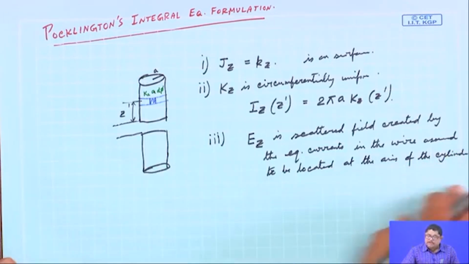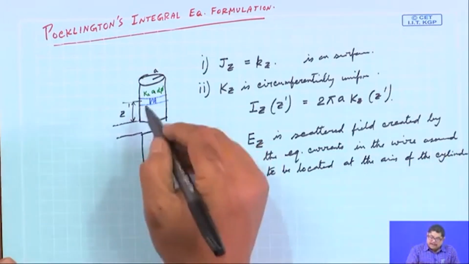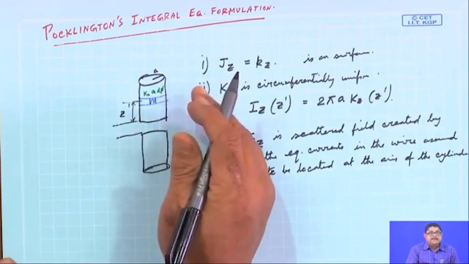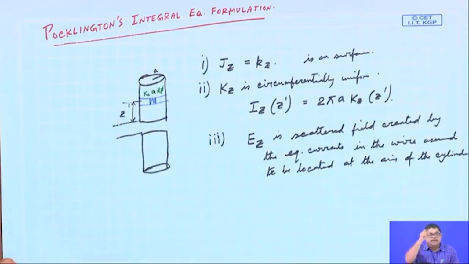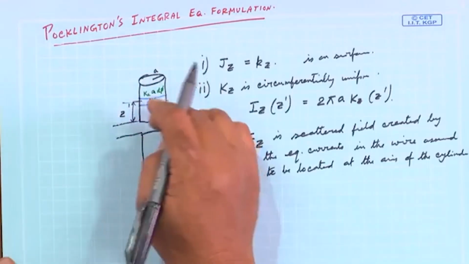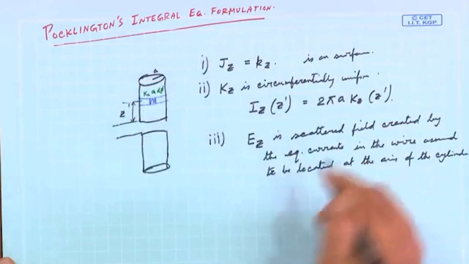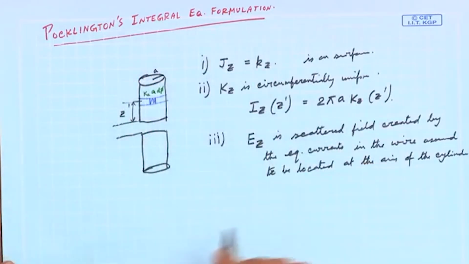So, remember, we are not saying that the current is located there, the current is circumferentially distributed, but the equivalent thing that we can easily take, the uniform thing, is the equivalent current at the axis, because it is a symmetrical structure, and that is the scattered field.